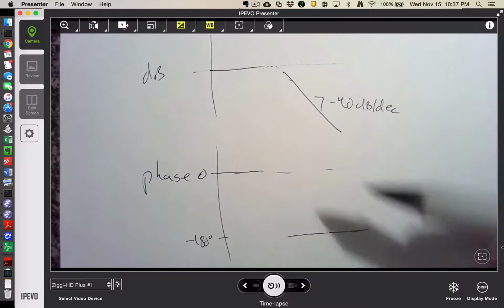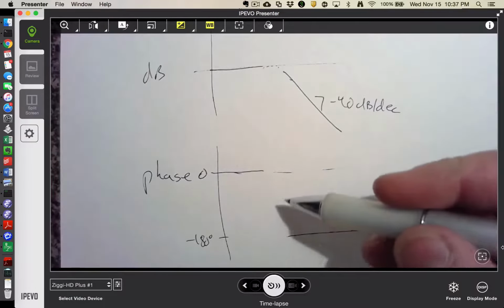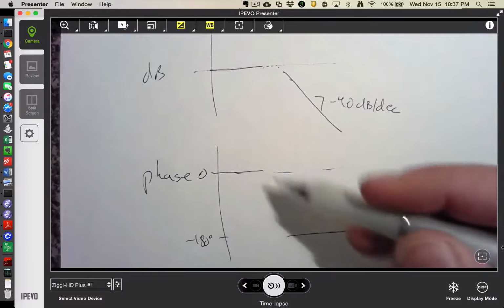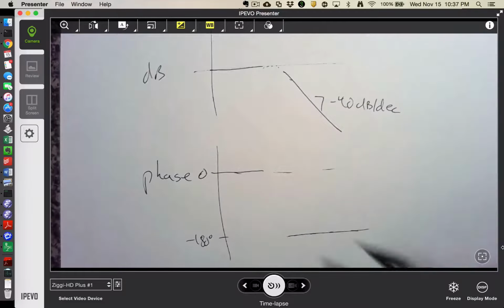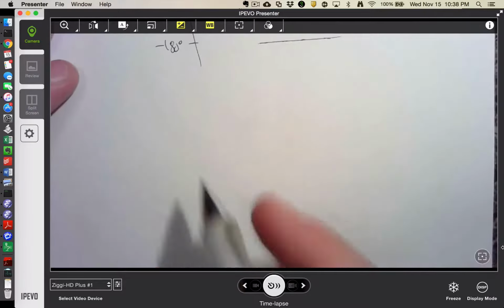And so what we haven't talked about yet is what goes on in this region near omega equal to omega n, and how rapidly does the phase transition from 0 to minus 180. And both of those will turn out, it depends on damping. So let's talk about that now.